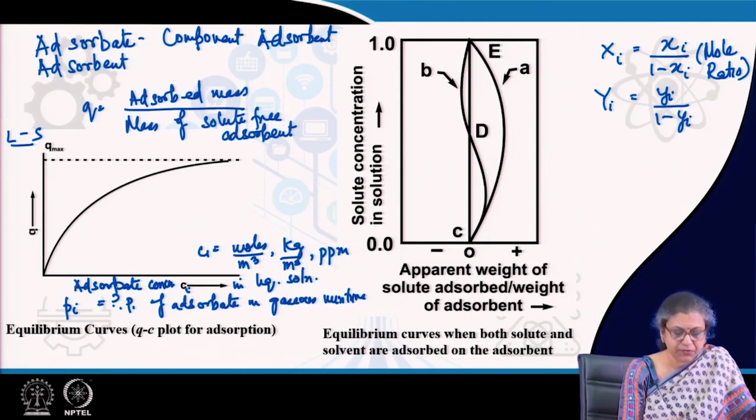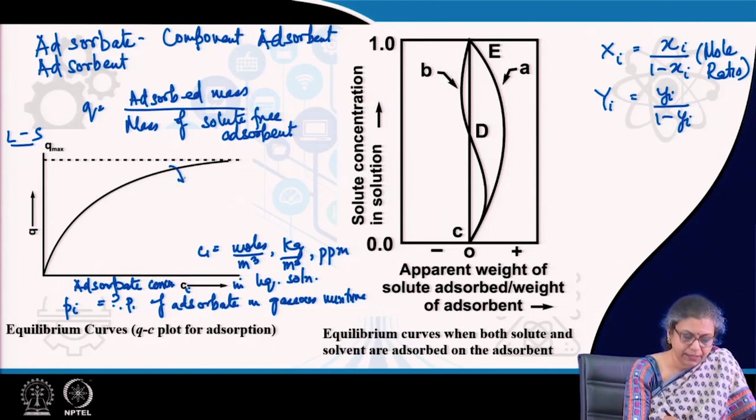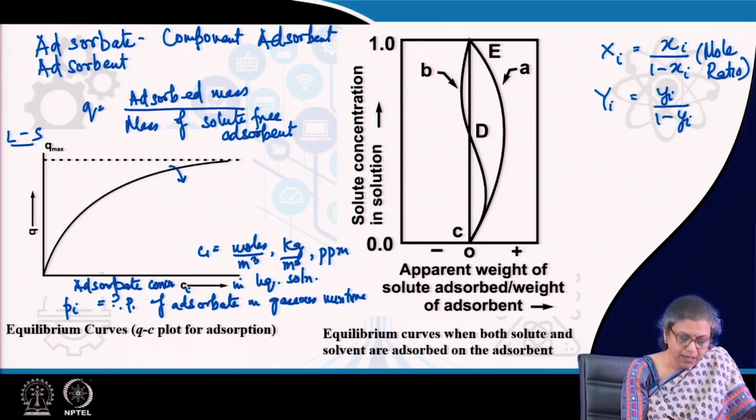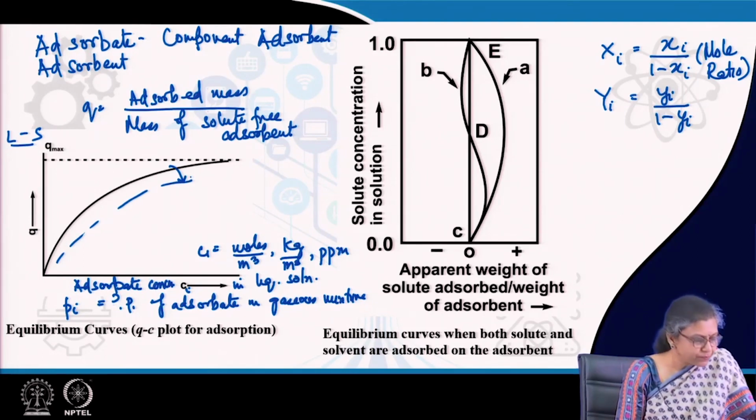So, with increase in temperature we find that Q decreases at a constant P, and we get something of this sort.